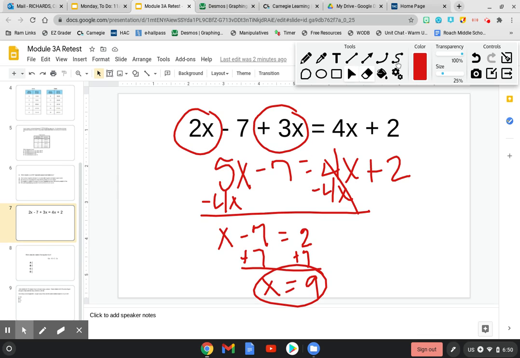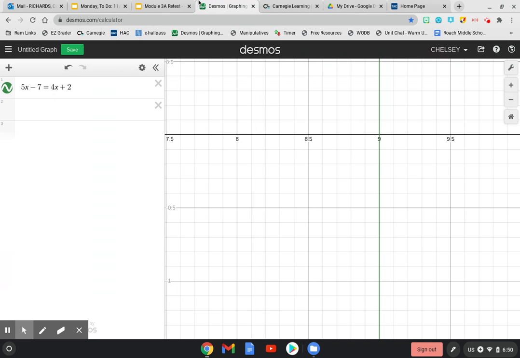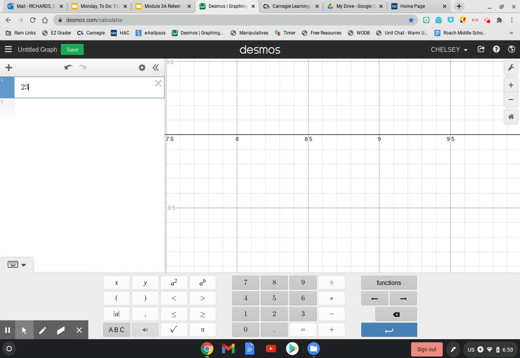So your test questions look like the following. The value of x makes this equation true. Go put this in your Desmos calculator. When you do that, 12x minus 15 equals 6 minus 3x.